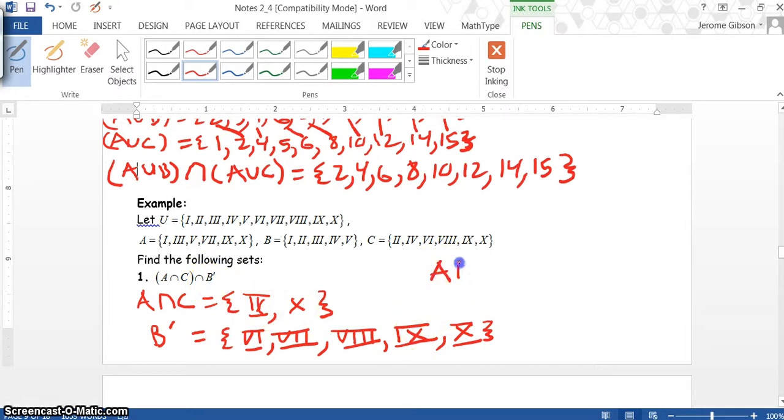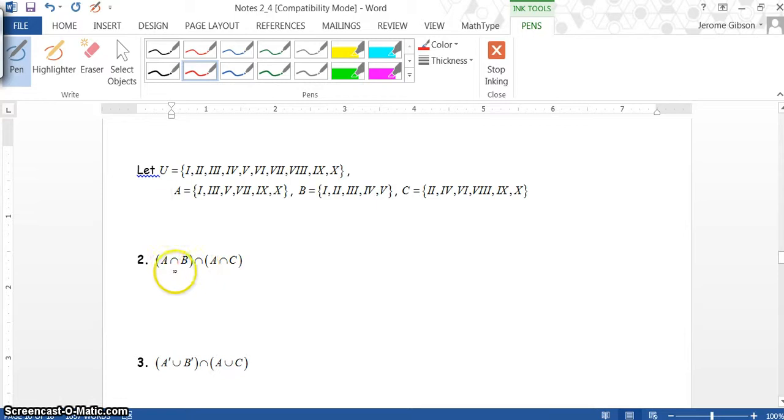So A intersect C intersect B complement is equal to 9 and 10. And that is the final answer.